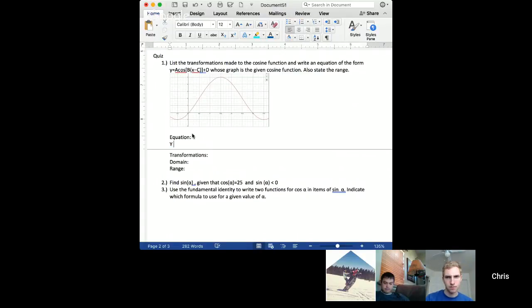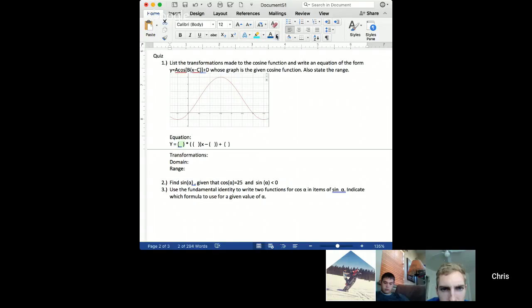So y equals something times something times x minus something plus something. So just write cosine in there somewhere. I'm just going to color them blue so you know which ones are somethings and which ones are not somethings.